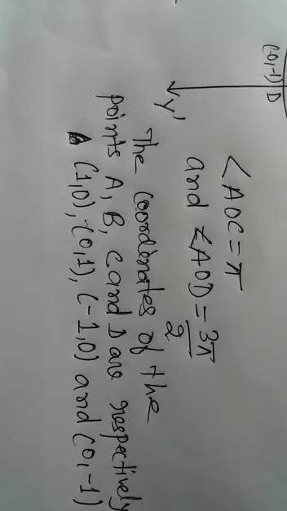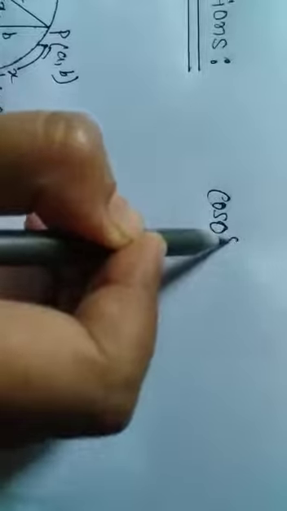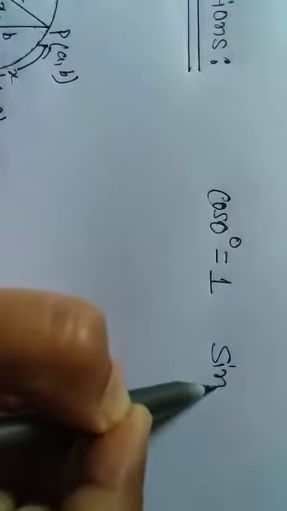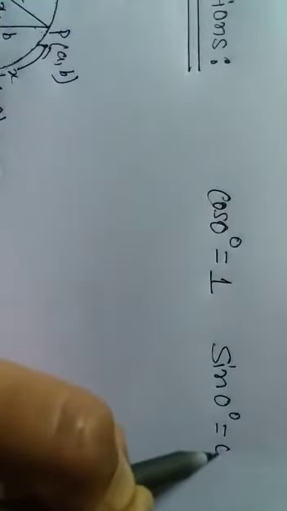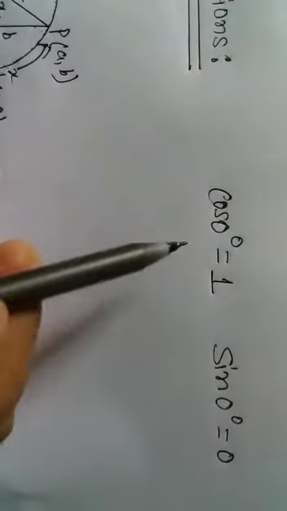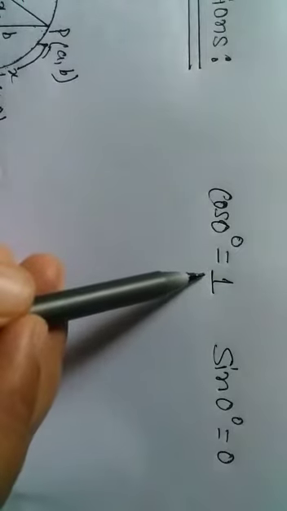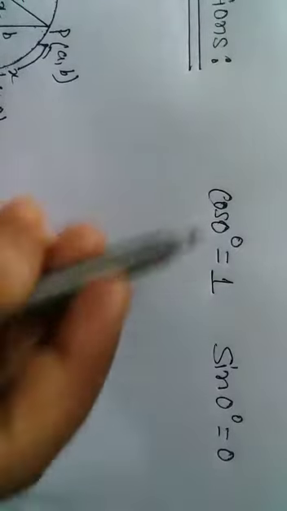Therefore, for quadrantal angles we have cos 0 degree equal to 1 and sin 0 degree equal to 0.